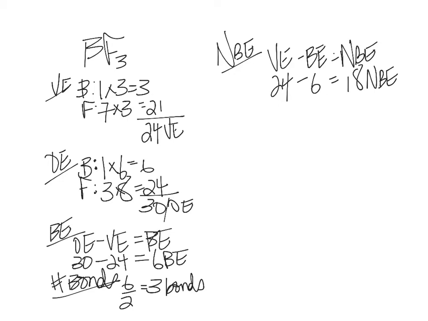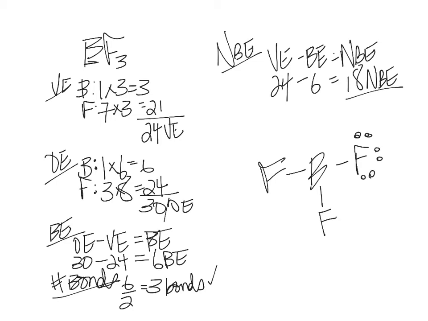So now, drawing it. Boron is the central atom because it is listed first, and I am going to put my 3 fluorines, one on each side. It said 3 bonds, so I've got that. Now I have to do 18 non-bonding electrons. 1, 2, 3, 4, 5, 6, 7, 8, 9, 10, 11, 12, 13, 14, 15, 16, 17, 18.